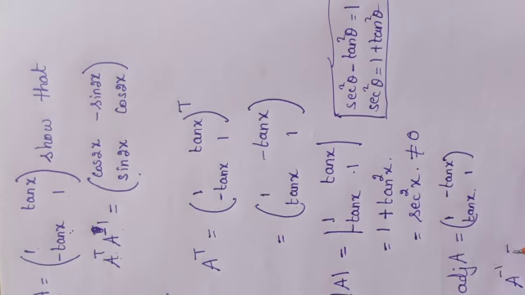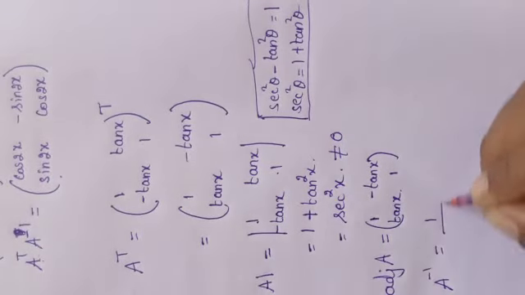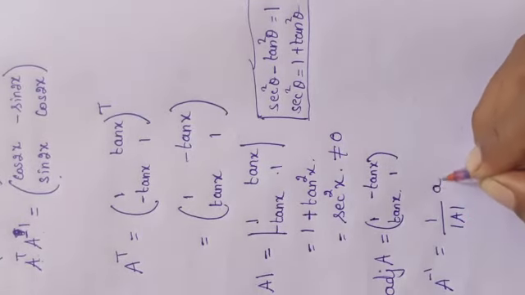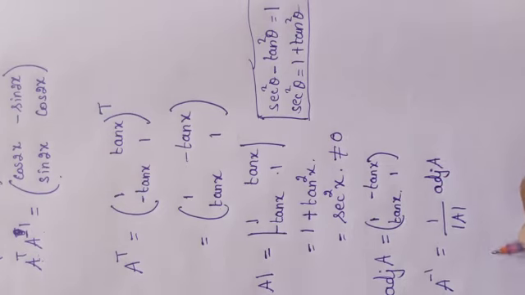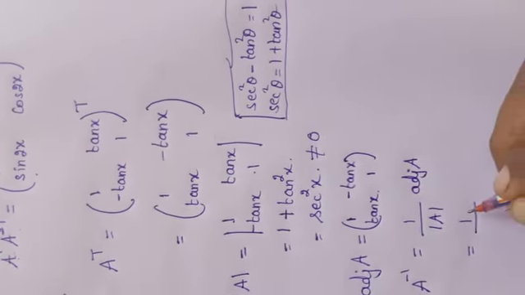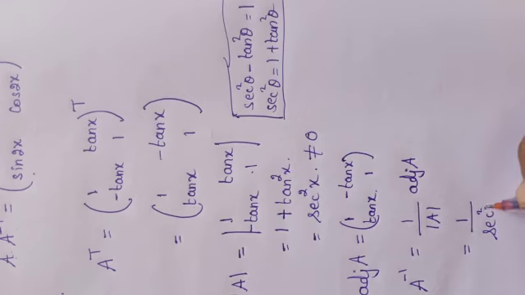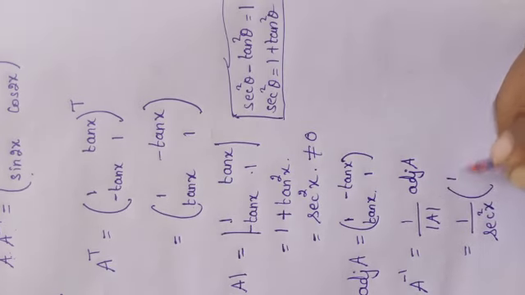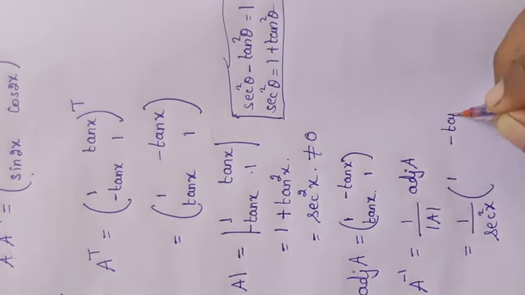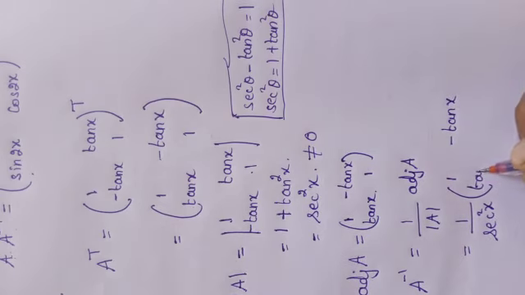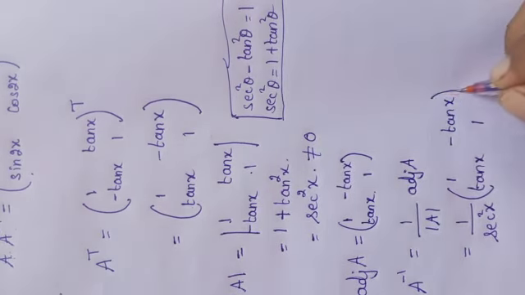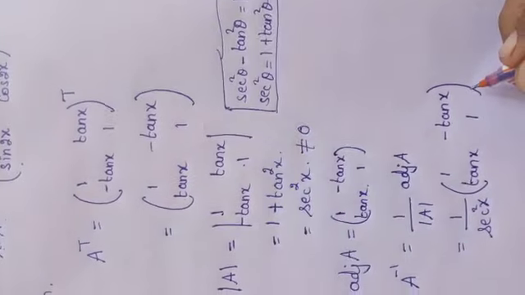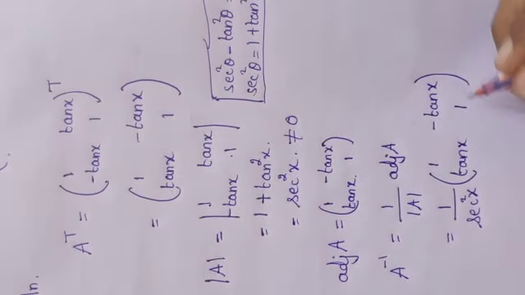See, A inverse equal to 1 by determinant A into adj A. So 1 by determinant A, that is secant square x into adj A, 1 minus tan x, tan x 1. So we have got A transpose and A inverse.